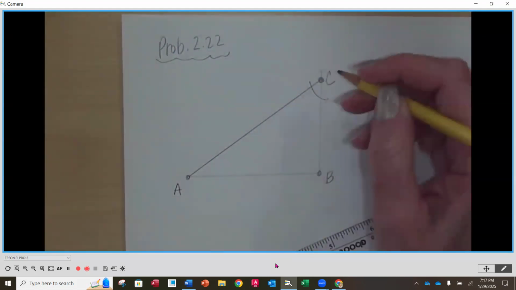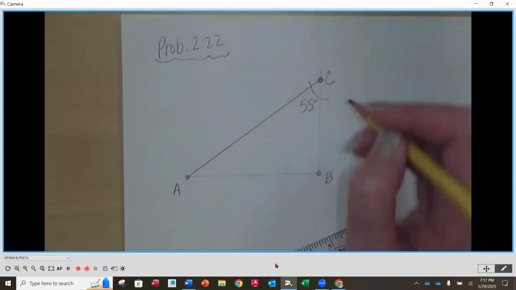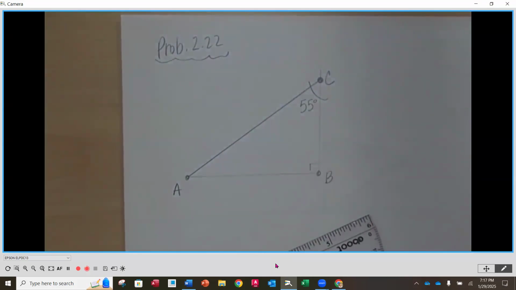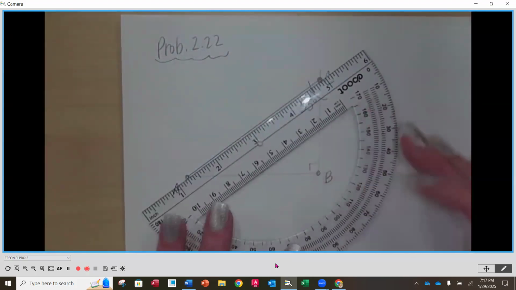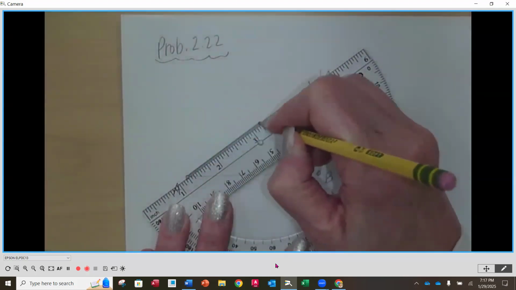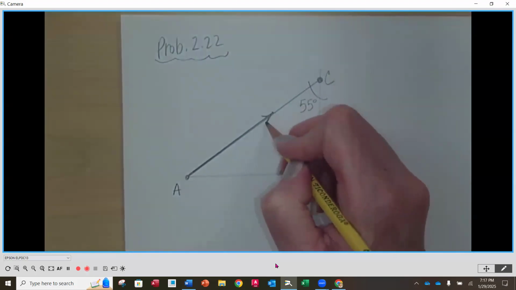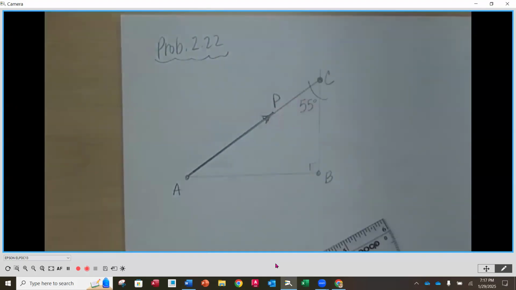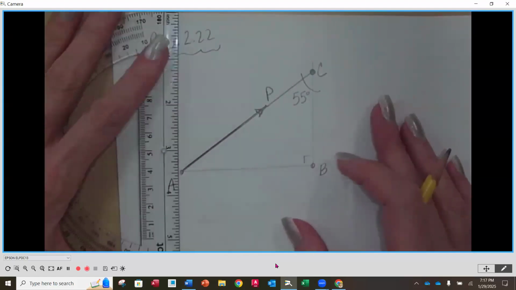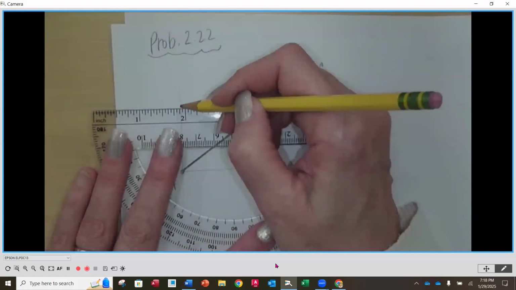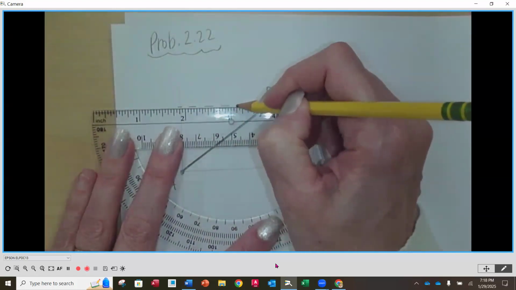Now, they're telling us in our problem that this is 55 degrees right there. This would be a 90-degree angle. And along this cable, the force in that cable going up and to the right, they're calling force P. The 350, as identified in the problem, we're going to draw a Y component going through A. We're going to go straight over to that vertical line.